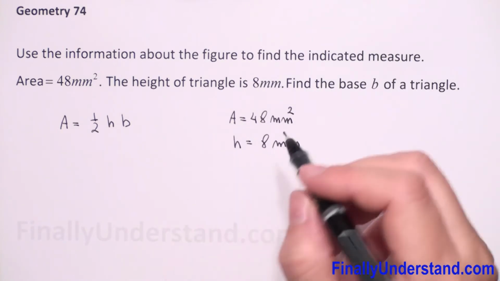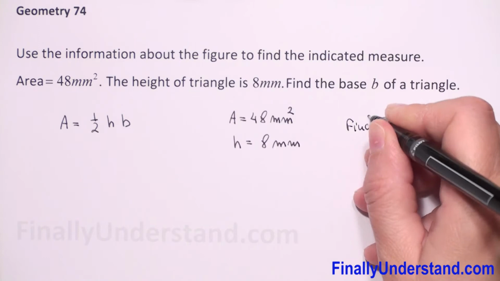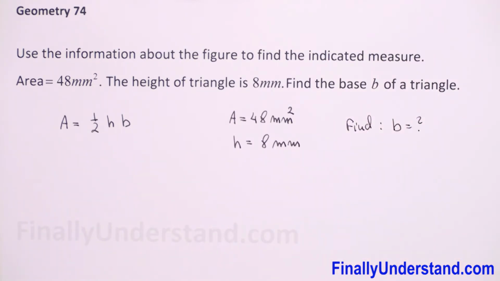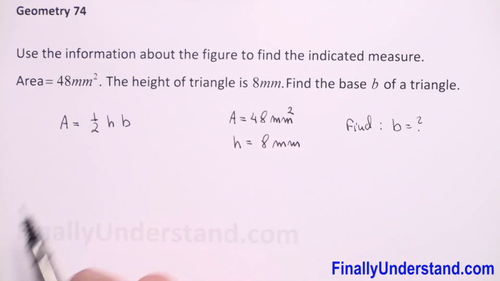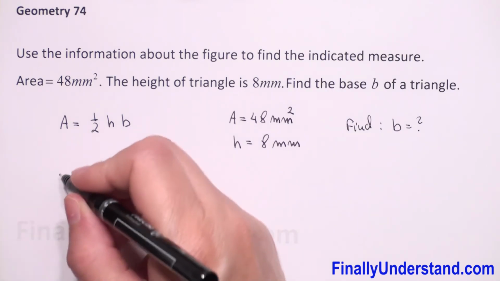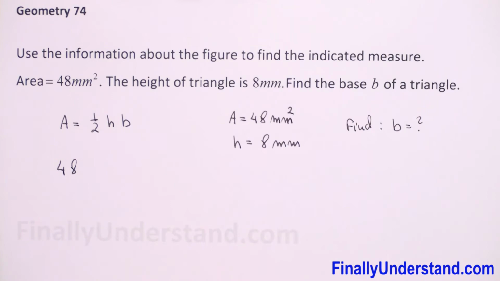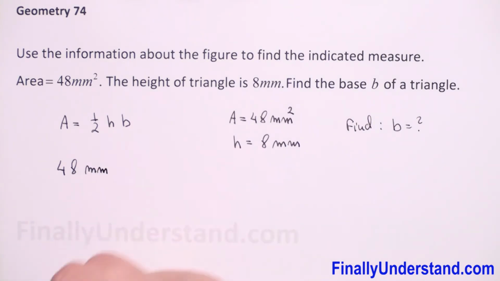We have to find B, the base. So this is given, and now we can substitute into our formula that A is equal to 48. We can put the units, so we have square millimeters.